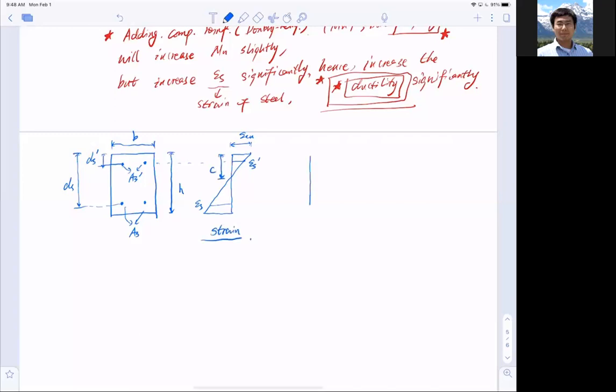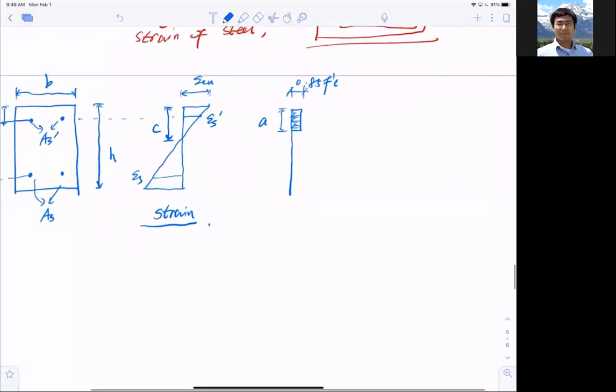How about stress? If I plot the stress from the Whitney stress block, that still holds, right? And immediately you can spot a mistake because the Whitney stress block should be smaller than the actual compressive zone c. So this is a, and this is 0.85 f prime c. Then I have a total compression force from concrete.